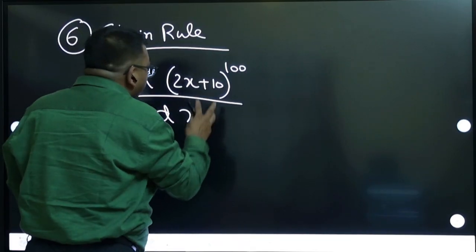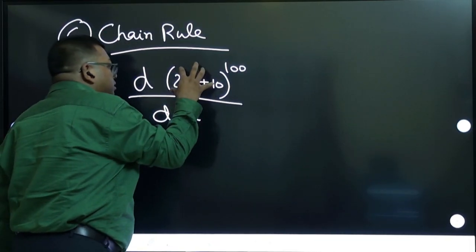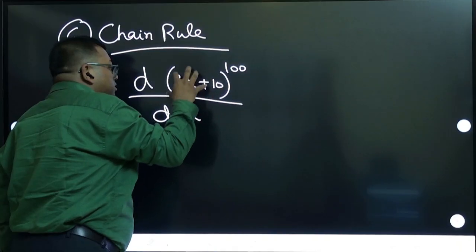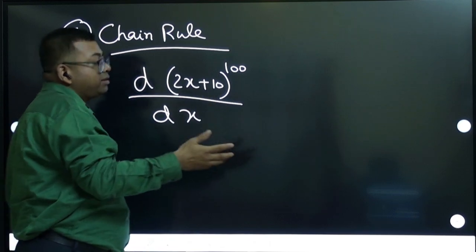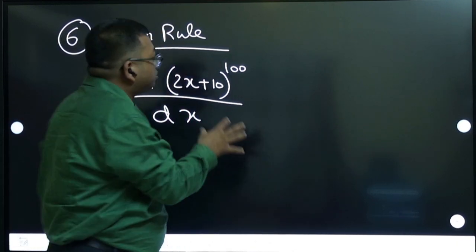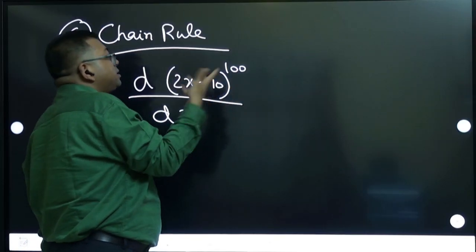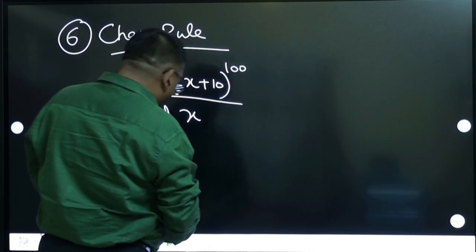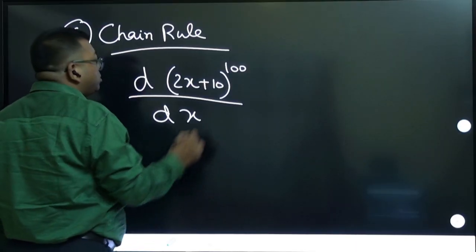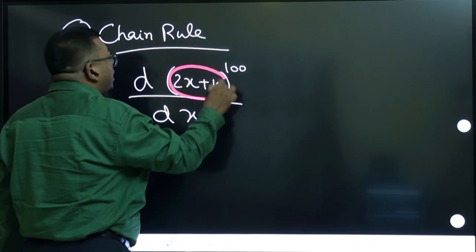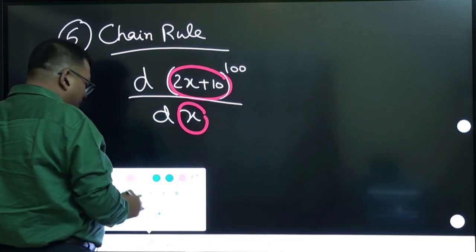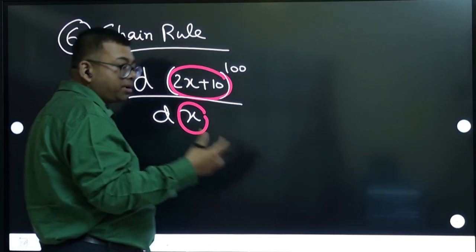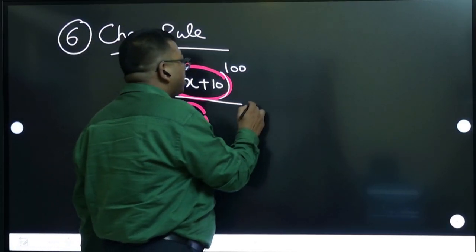Then here you note that this power, this is not x. If this is x power 100 with x, then you can apply the formula. But this is not x, this is 2x plus 10, it is something else. So what you need to do is make sure that this term and this term are the same. Right now they are not the same, but by a little bit smart method, we can make them the same.